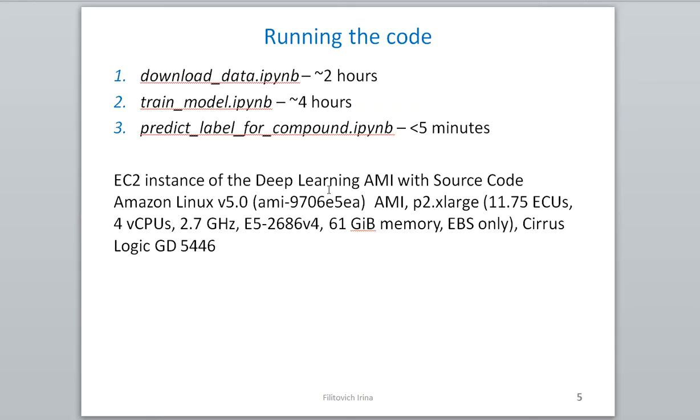I ran my Jupyter notebooks on an EC2 instance of the same AMI we used during week 5 of the course. Configuration and usage instructions from the week 5 lab are enclosed with my final project submission.